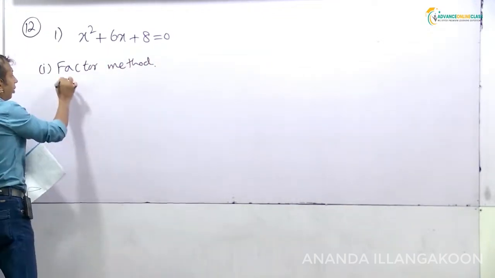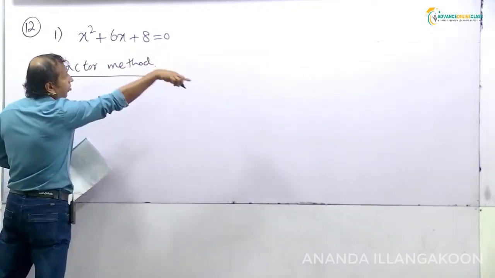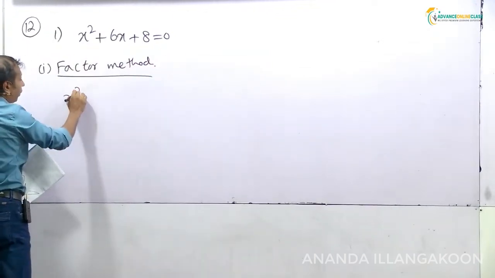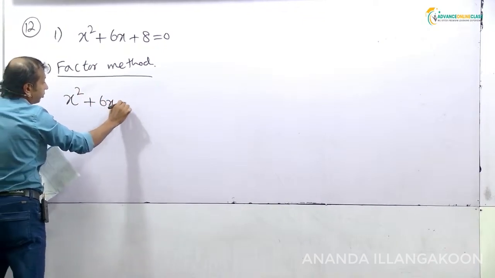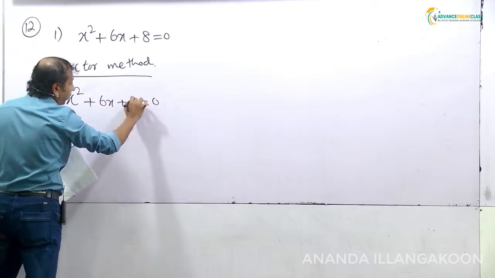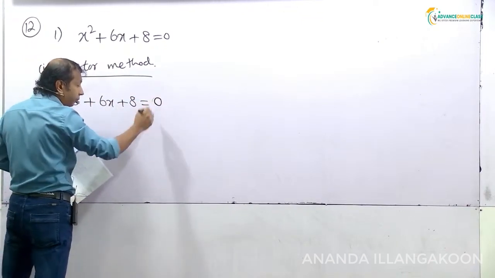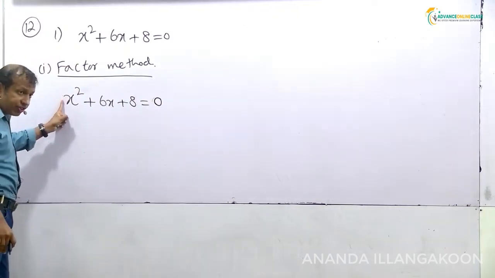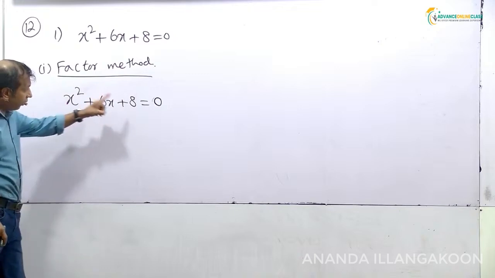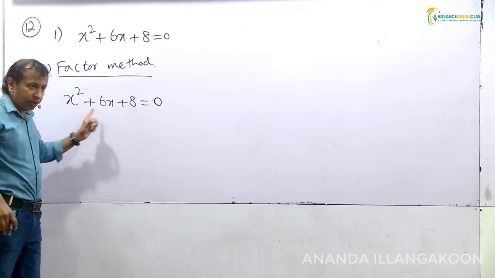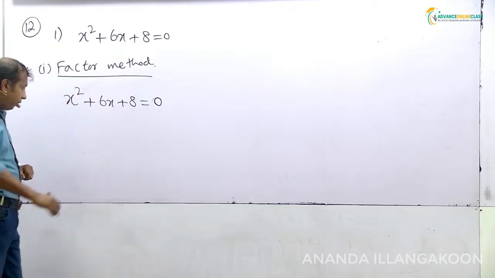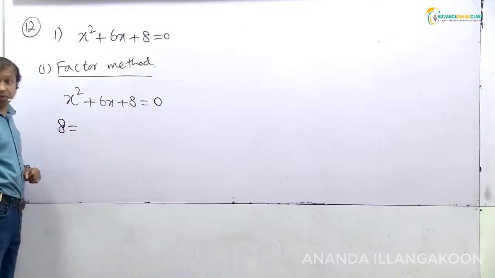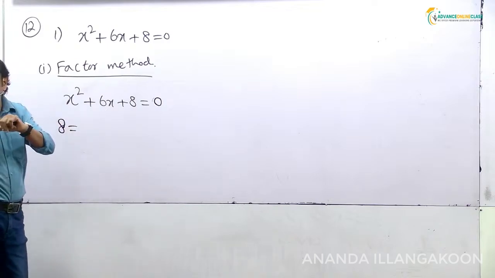Factor method. As I explained here, I am going to factorize this. Tell me, in this case, the way of thinking: the x squared coefficient is 1, and this constant we have to multiply. 1 into 8 is 8. 8 should be written as a product of 2 numbers so that the algebraic sum of those 2 numbers works out.